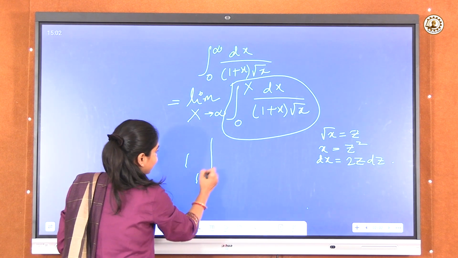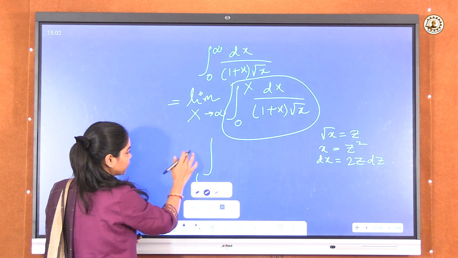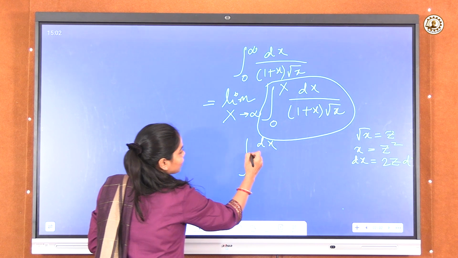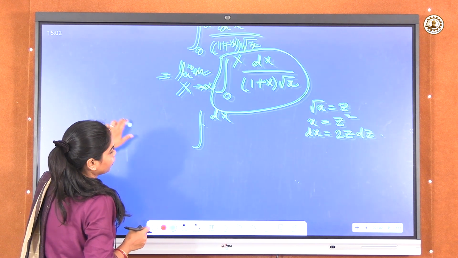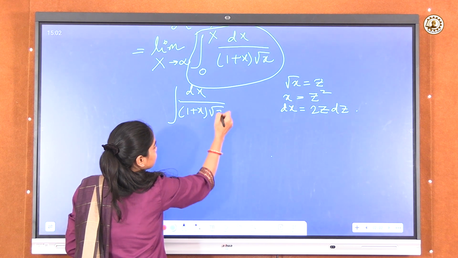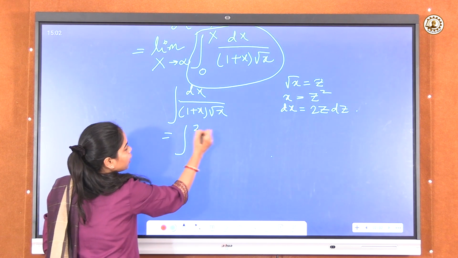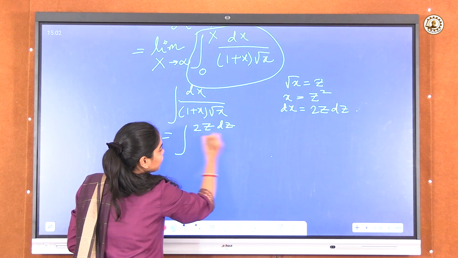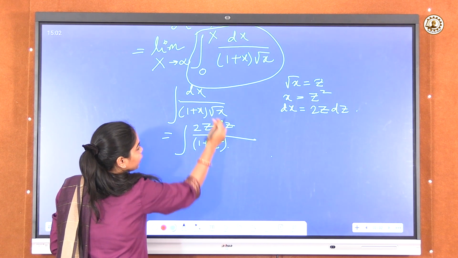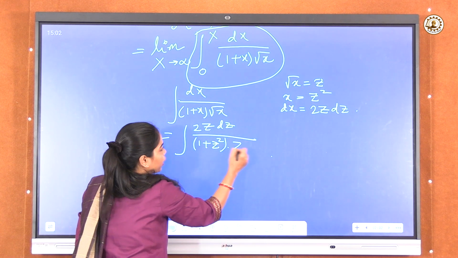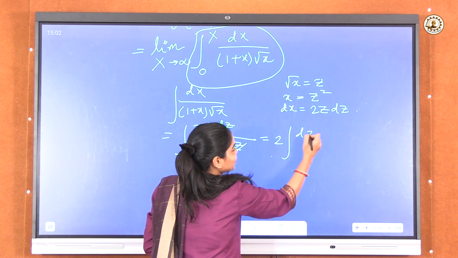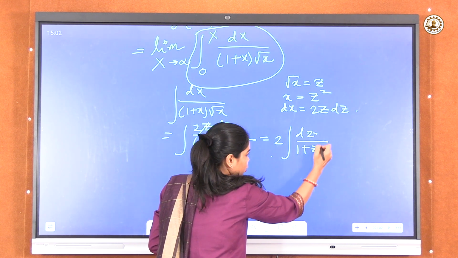Now if we put this in the integration without any limit, dx by (1 plus x) into root x, the value of dx is 2z dz divided by (1 plus z square) into root x, which is z. Okay, so z cancels, and we get 2 into integration dz by (1 plus z square).